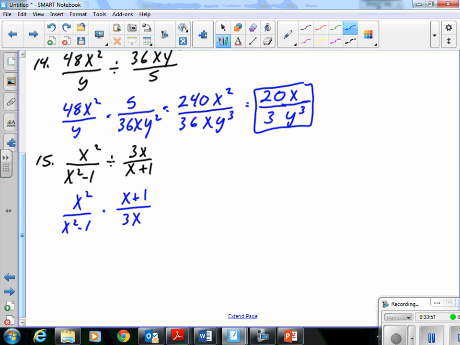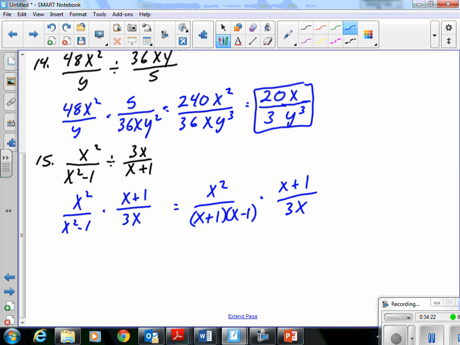And really the only thing that will factor is the x squared minus 1 right here. Once again, it's a difference of two squares. So we're going to factor it down to x plus 1, x minus 1. So that's going to give us x squared over x plus 1, x minus 1 times x plus 1 over 3x.